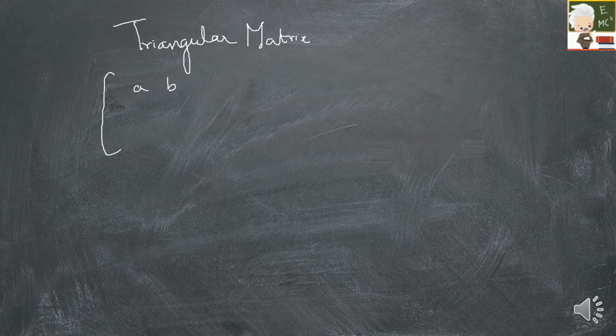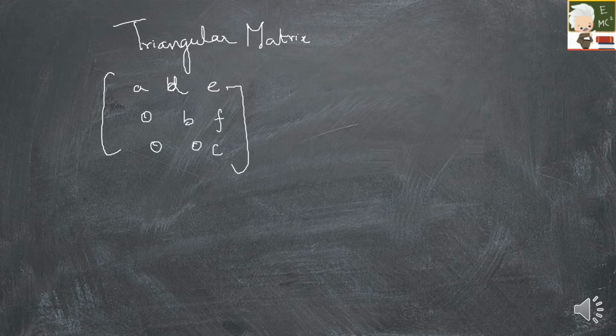If there is a triangular matrix, for example, a b e, 0 b f, and then 0 0 c.